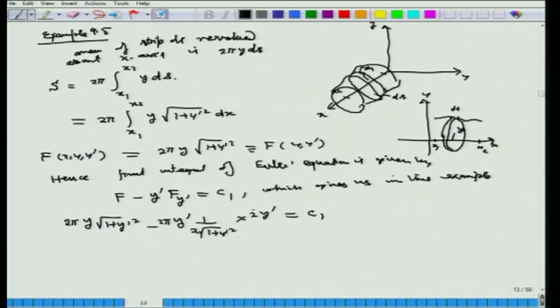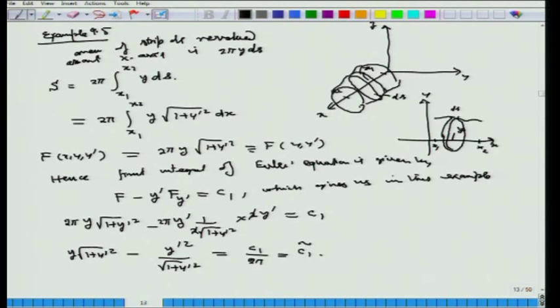So, this 2 will cancel with this and 2 pi taken on the other side. So, we will have y square root 1 plus y prime square minus y prime square over square root 1 plus y prime square equal to C1 over 2 pi, which is written as C1 tilde.